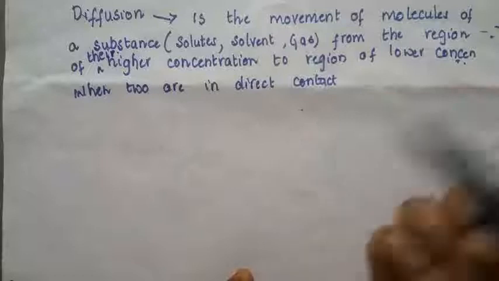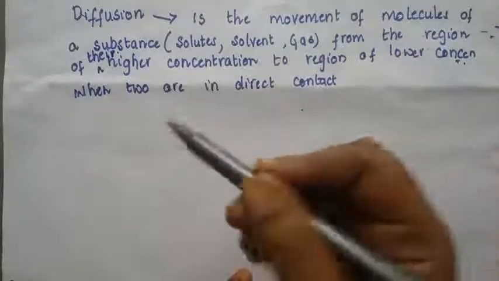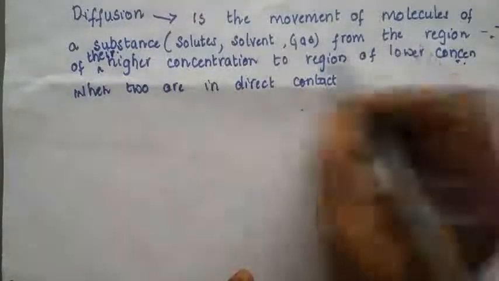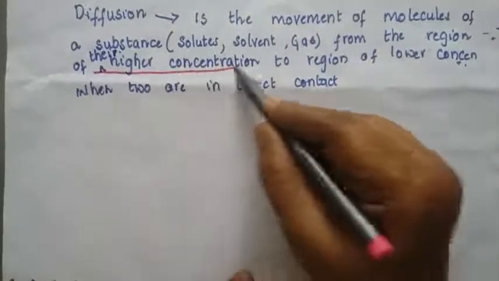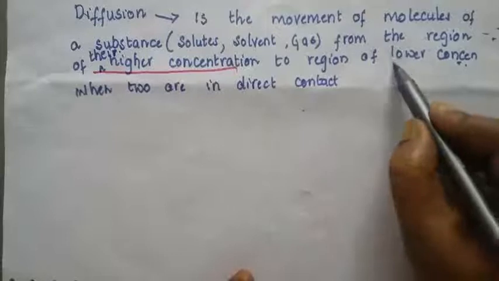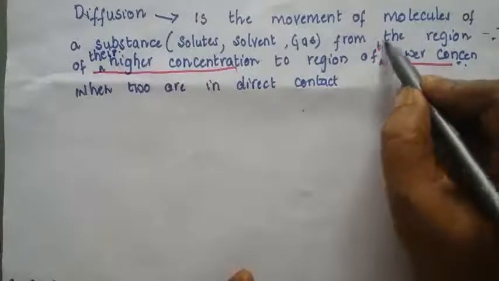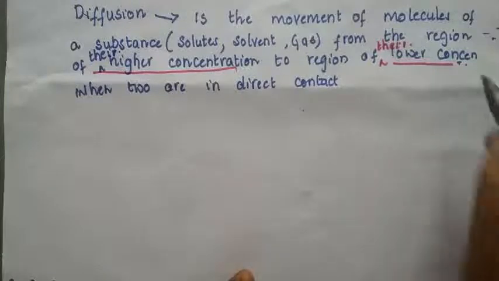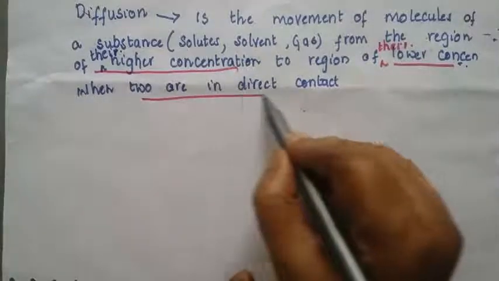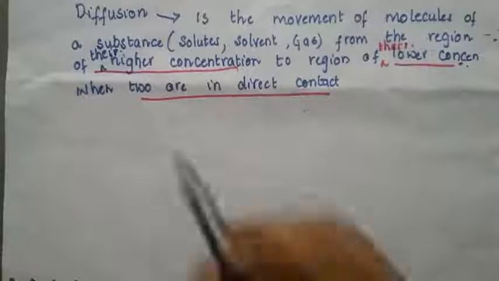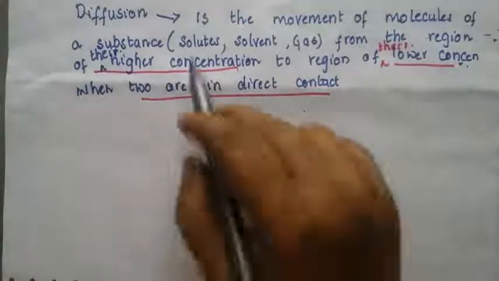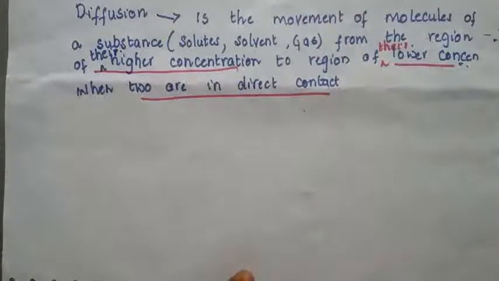It is a movement of gases, or a solute in a solvent, or one solvent in the other solvent, from the region of their higher concentration to the region of their lower concentration, right? When both are in direct contact. Children, this last phrase is a very important sentence. If you write everything and miss out this, you will be losing marks.